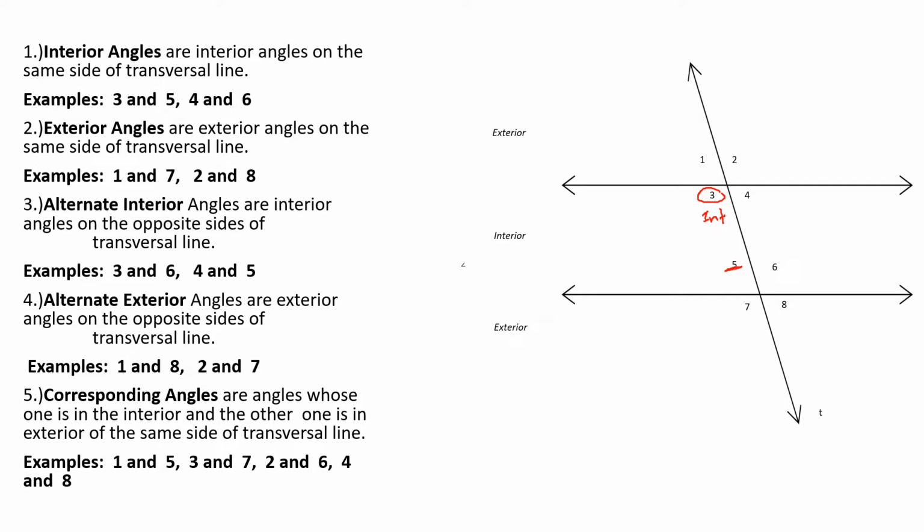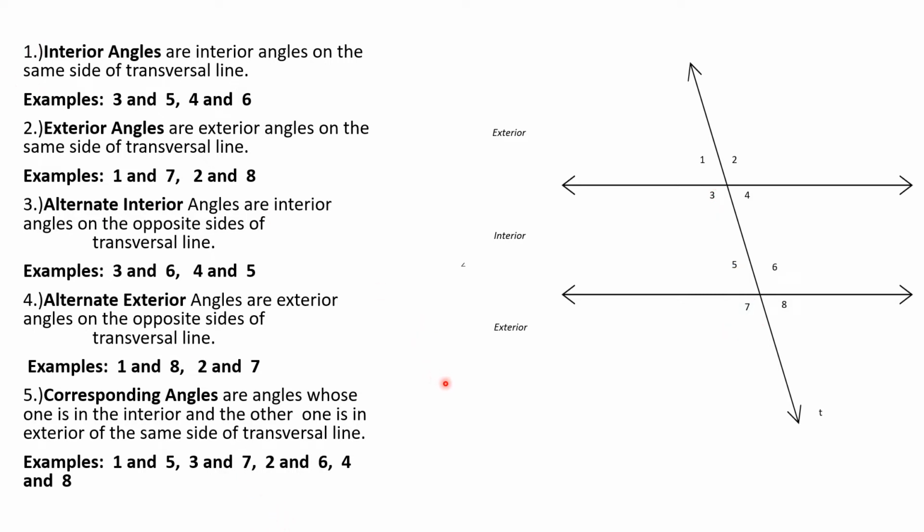So you will never forget the pair of corresponding angles: there will always be a gap, or you should skip one angle between the two angles. The pair for angle 3 is angle 7, which is located at the exterior part of our transversal line. So 3 and 7 are corresponding angles.